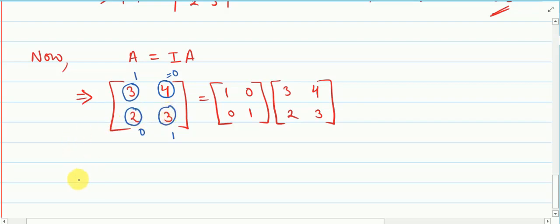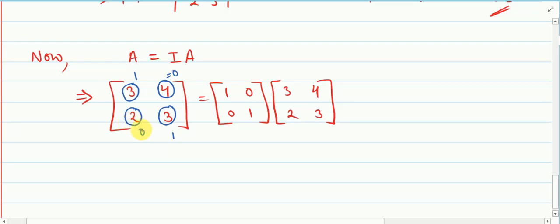Suppose I want to make this 1. How can I make it 1? Here you can see this is 2, this is 2.